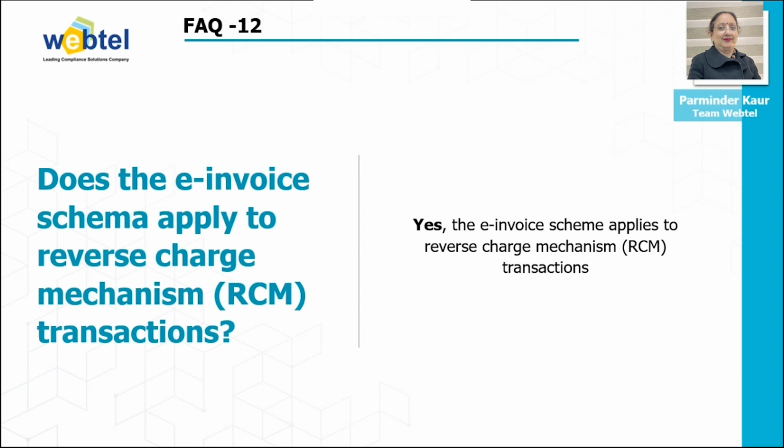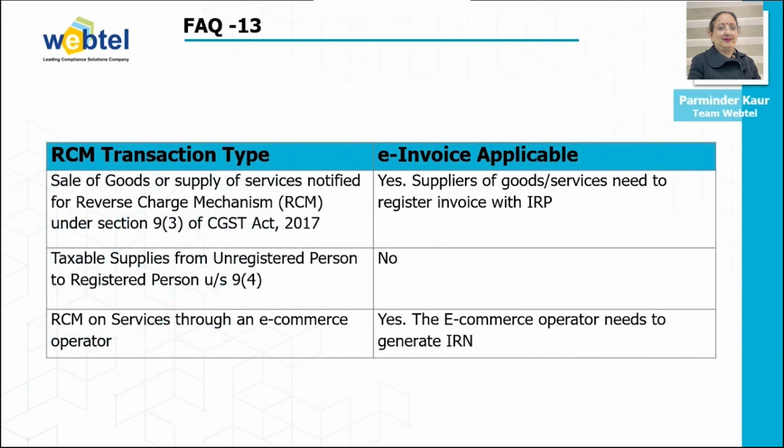Does the e-invoicing scheme apply to RCM, that is, reverse charge mechanism transactions? Yes, the e-invoicing scheme applies to reverse charge mechanism transactions. Let's understand by the below table. For the sale of goods or the supply of services notified for RCM under Section 9(3) of CGST, yes, the supply of goods and services needs to be registered as an invoice with the IRP.